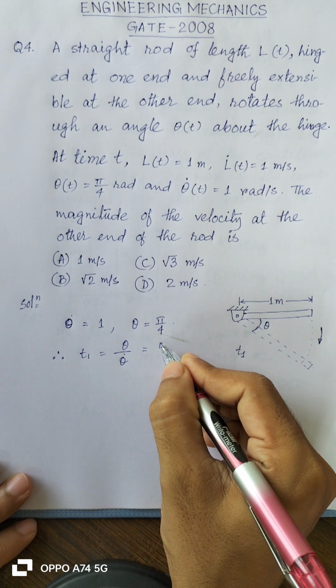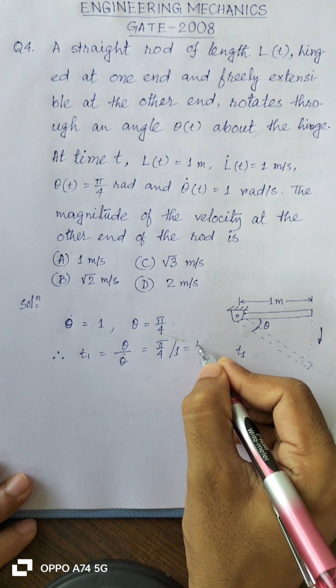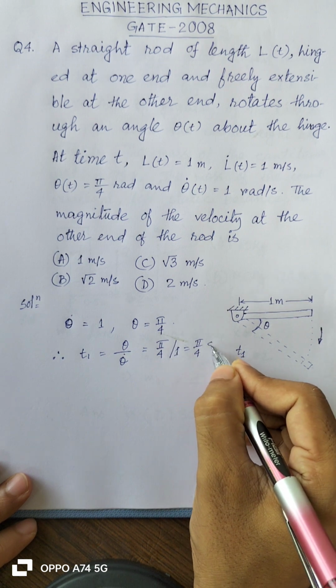So pi by 4 by 1, that is equal to pi by 4 second.